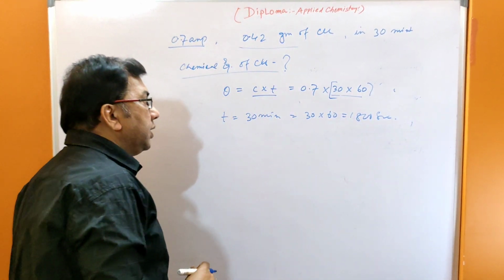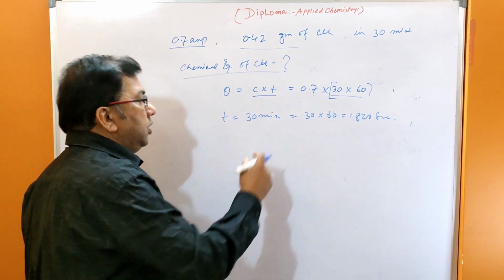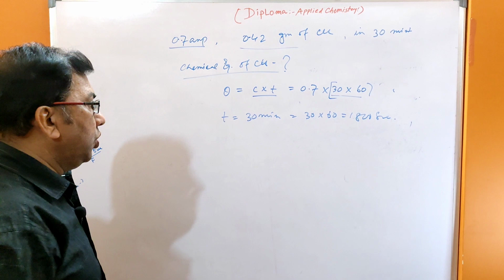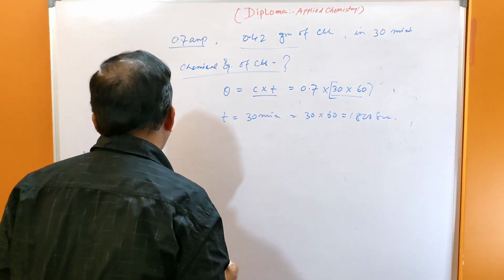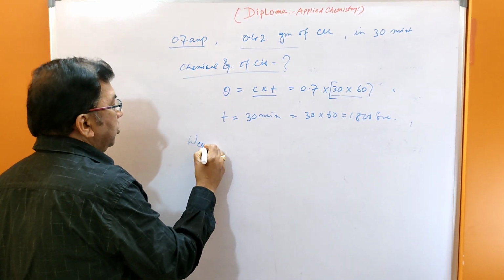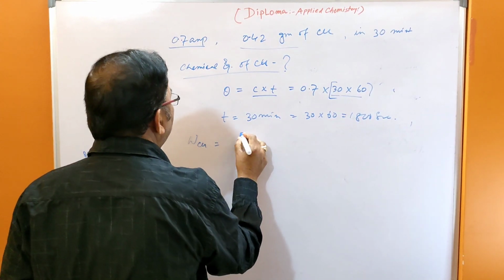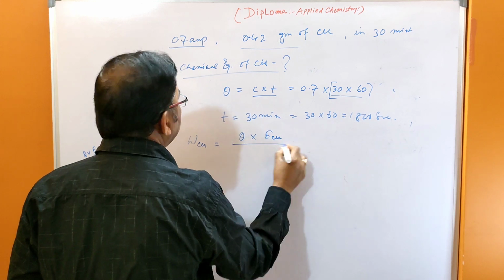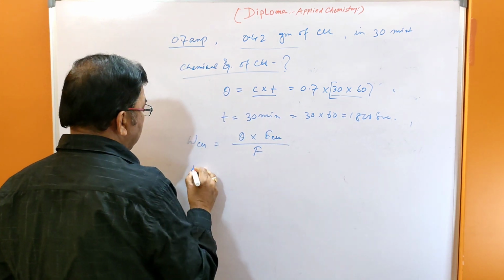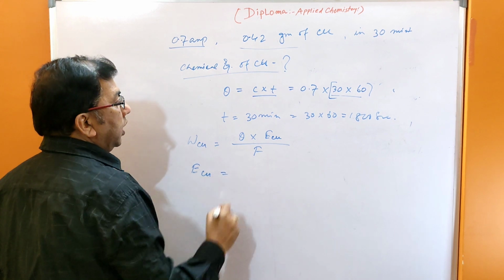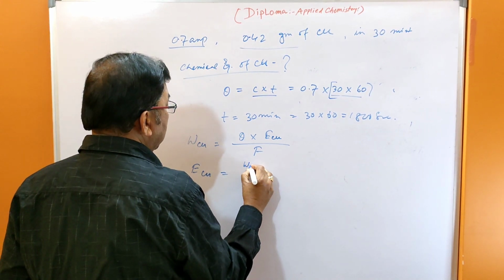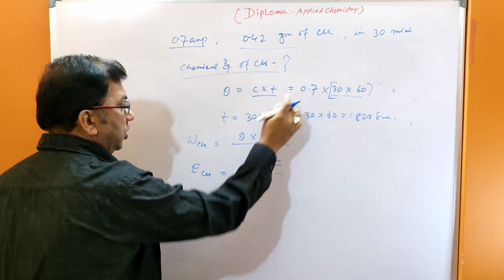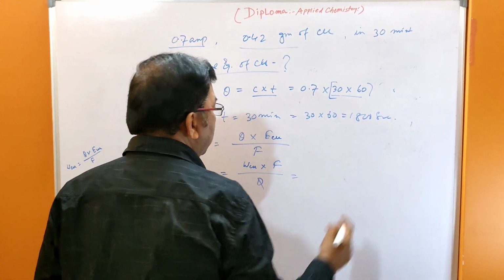Clear. So this ampere current produces this gram of copper, and you have to find out the formula. You know the formula: W of Cu equals Q into the electrochemical equivalent of copper by Faraday. To find E of Cu, it will be W of Cu into F by Q. Put the value and find it.